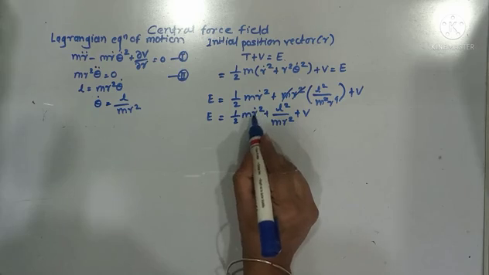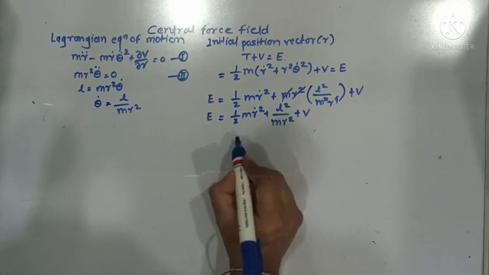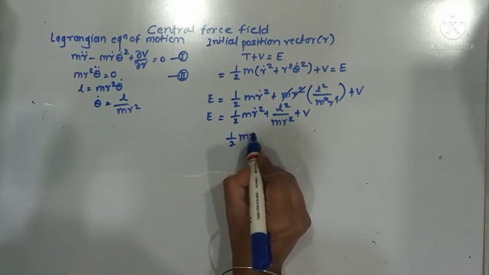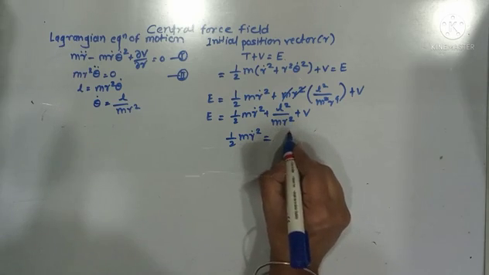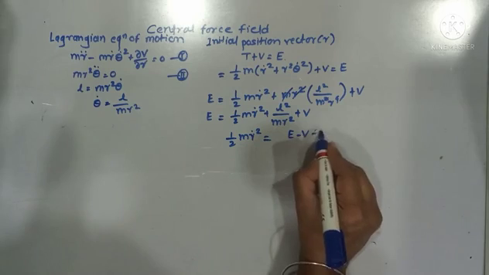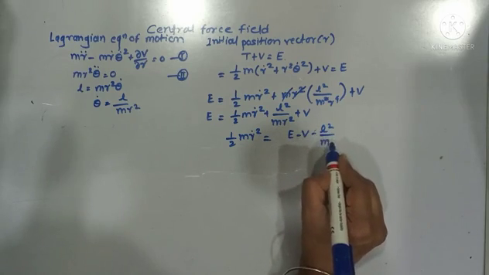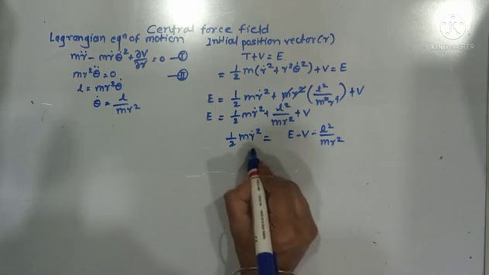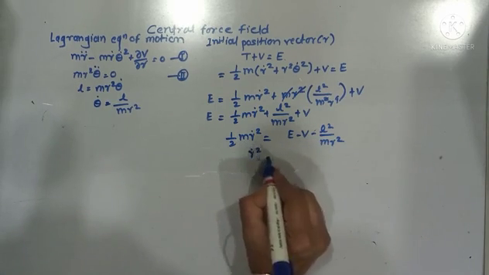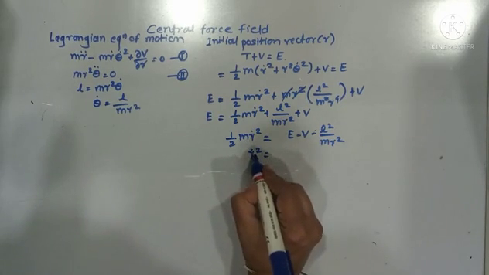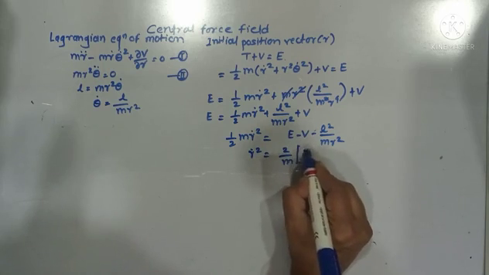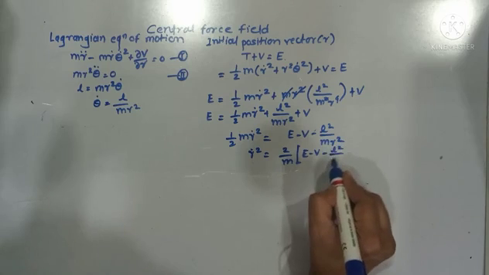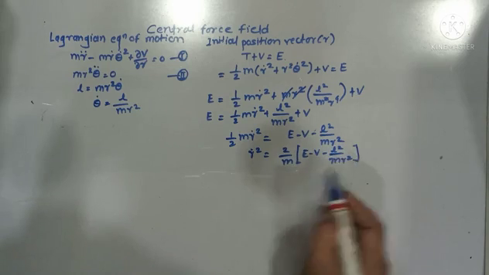Now as I want to calculate the position vector, I will keep this 1/2 m r dot square on the left hand side, and the remaining right hand side will be E minus V minus L square upon 2 m r square. I want the value of r dot, so r dot square is equal to 2 by m times E minus V minus L square upon 2 m r square.